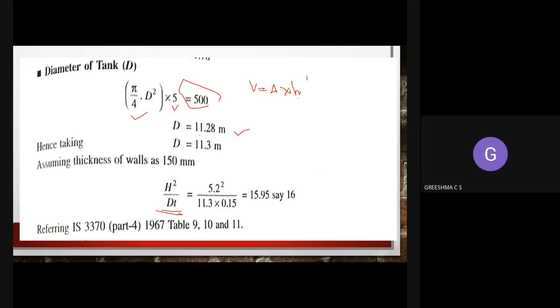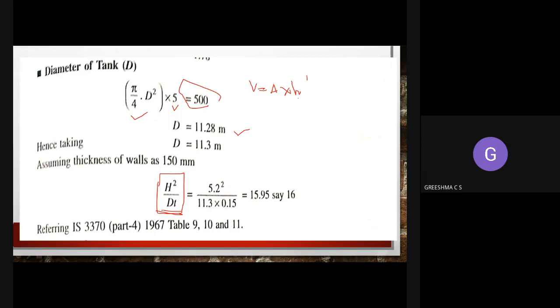To find out the maximum bending moment coefficient, first you need to know this value, h square divided by dt. Using this h square divided by dt, you will find the maximum bending moment coefficient.